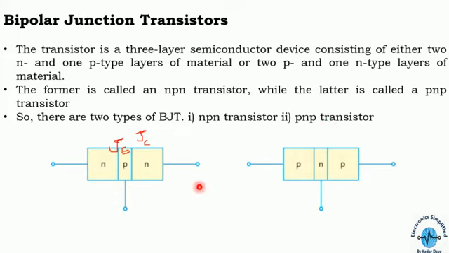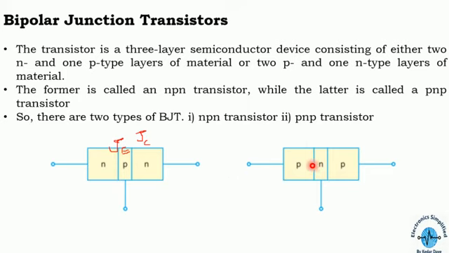This one was the NPN, and for the PNP transistor there will also be these kinds of region names. The first is called the emitter, the second is base, and the third is the collector. But right now the PNP transistor is not much in use, so we will just go through it.